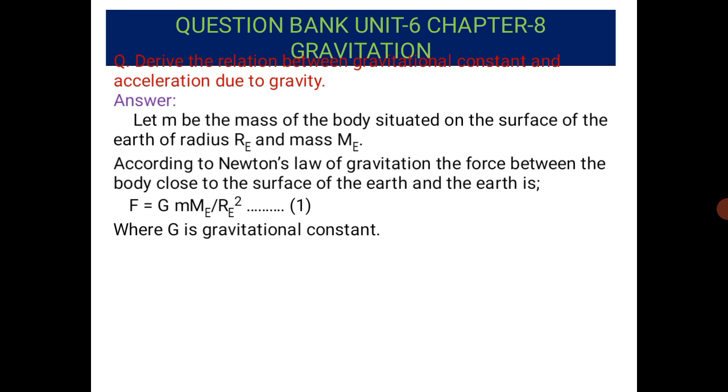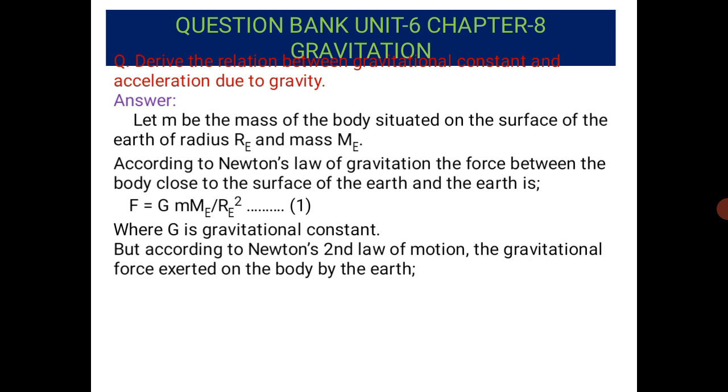Now let us write. The force between two masses, F equal to G m1 m2 divided by r square. Here one massive object has mass m, the other is the earth with mass Me, and the distance between them is the radius of the earth, so that is Re square.